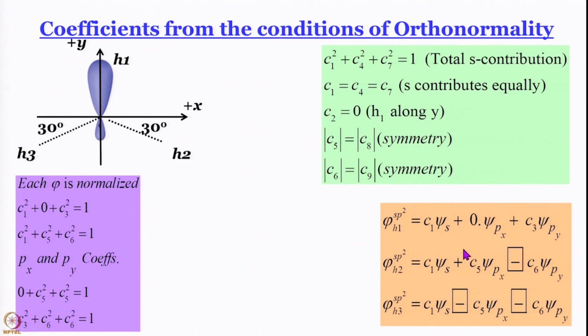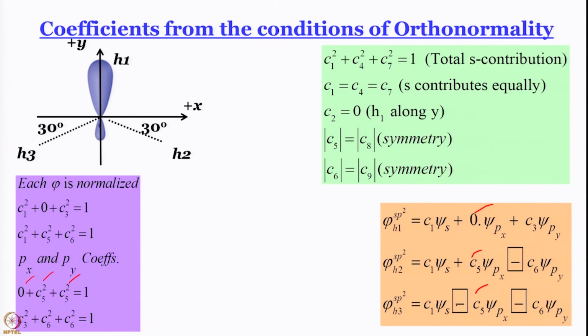Okay. Now, we are almost done, right, because once again how many Px orbitals are there? This is one Px orbital, right. That is why we are saying that 0 plus C5 square plus C5 square equal to 1, 0, C5, C5, and when I take square of minus, it becomes plus also.